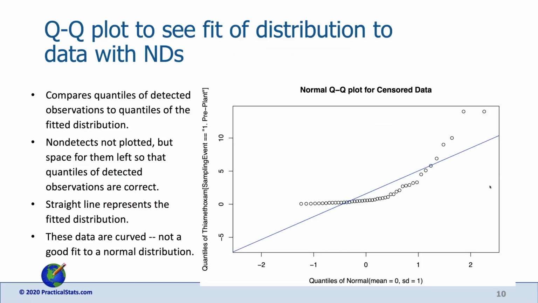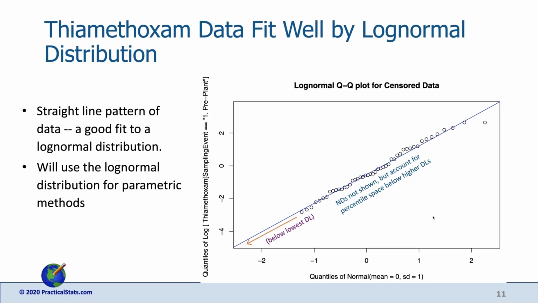You can do QQ plots to look at the distributional shape. This is a normal distribution represented by the blue line, and these data don't fit it very well. And so we would not use a normal distribution. This is the QQ plot for a log normal distribution represented by the blue line.